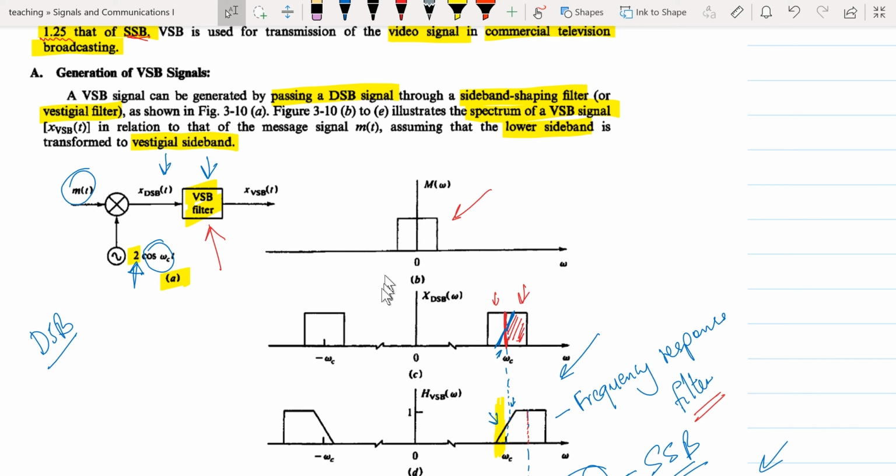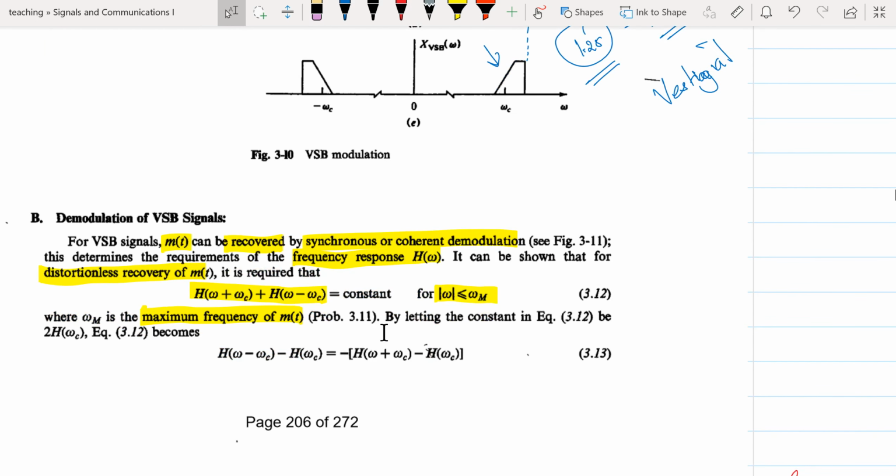And the characteristic of this VSB filter must be known and must meet some condition so that our message signal m(t) is fully recovered at the demodulator. And we are saying that we can use the synchronous or coherent demodulation.